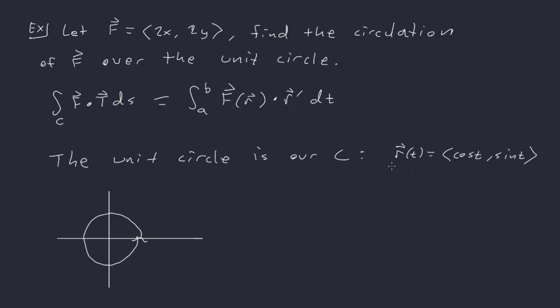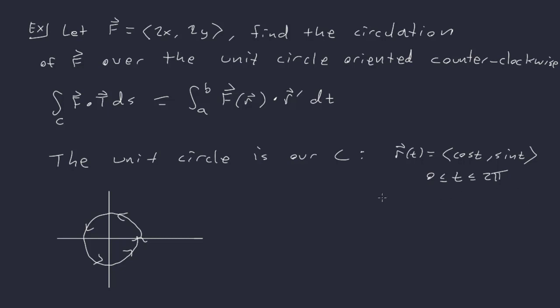I didn't specify here, but we want to do this over the unit circle oriented counterclockwise. That's important because the direction we go in is extremely important here, because if we go in the opposite direction, it's going to change whether the vector field is pushing against us or not. So we're looking at the vector valued function cosine t, sine t, where t is between 0 and 2 pi.